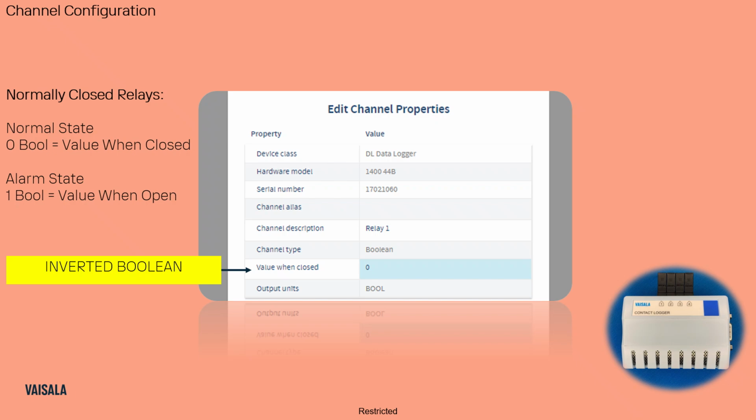So the value when closed is not 1, it's 0. And that's pretty much all there is to a Boolean input data logger. It's used to monitor on-off signals from external devices, and the data logger itself is able to capture that at intervals typically of 1 minute. Thank you.